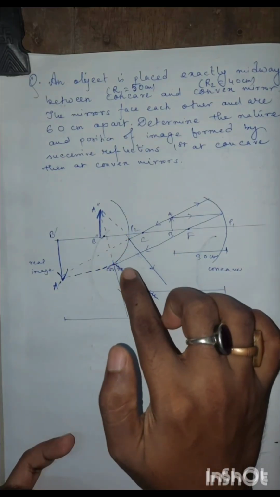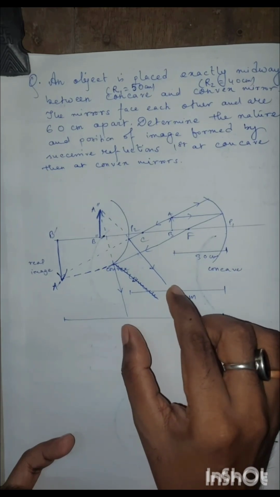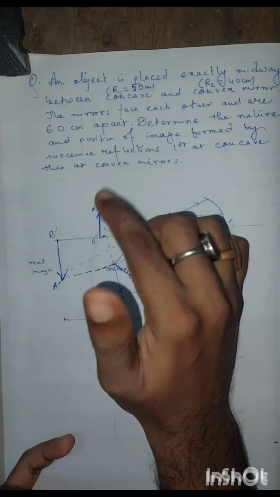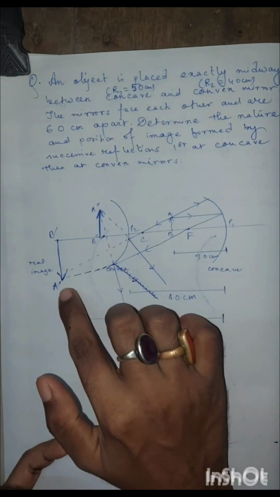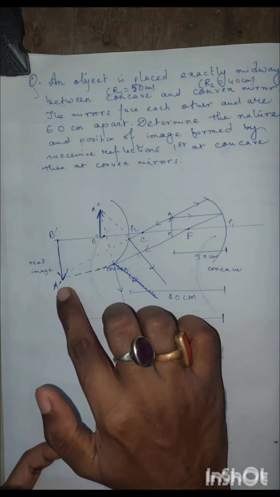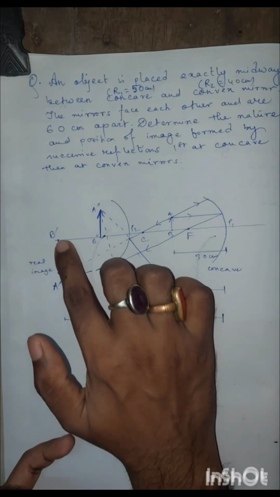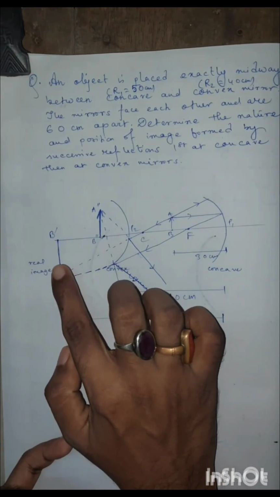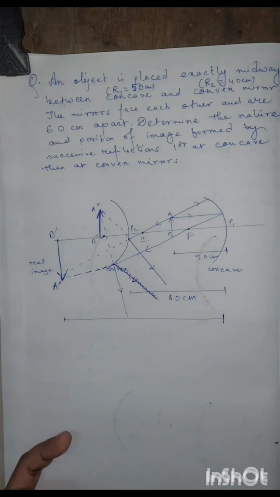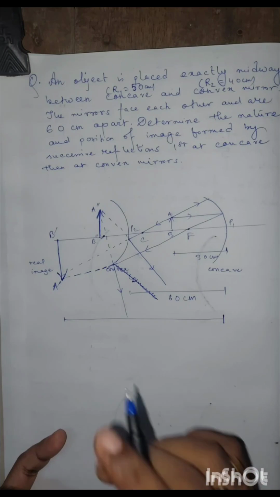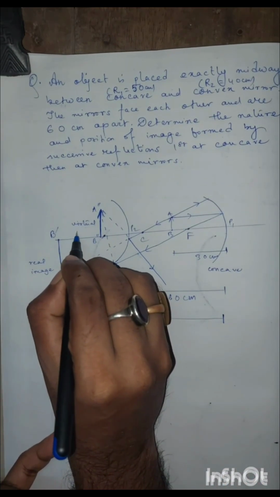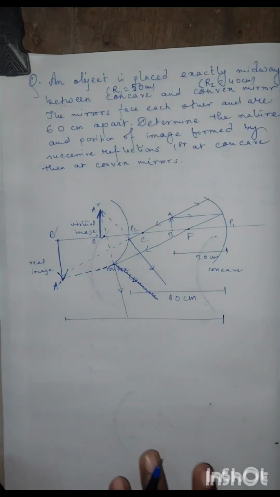And another image will be formed. If we produce these reflected rays backwards, they will meet at a point and we will get a virtual image of this A dashed B dashed. So A double dashed B double dashed is the image of A dashed B dashed. This is our virtual object, virtual image.